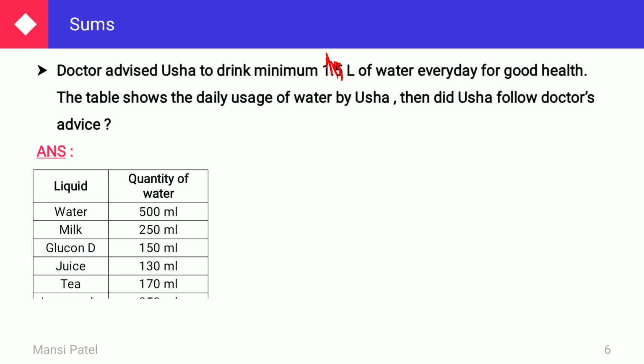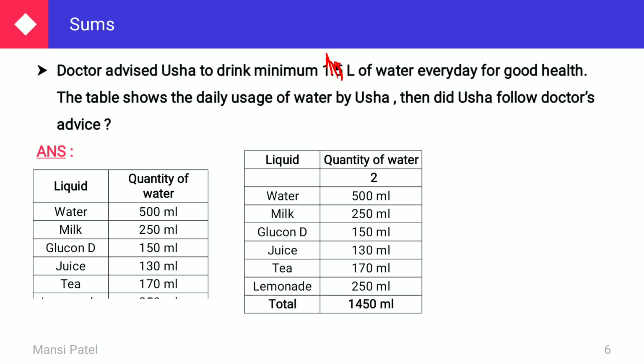Here they gave some liquids and the quantity of each liquid. The liquids are water 500 milliliters, milk 250 milliliters, Glucon-D 150 milliliters, juice 130 milliliters, tea 170 milliliters, lemonade 250 milliliters.